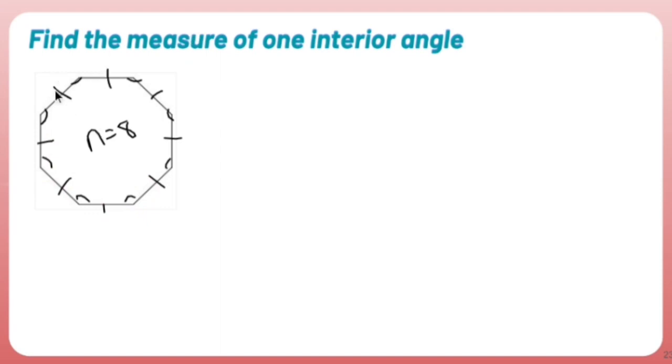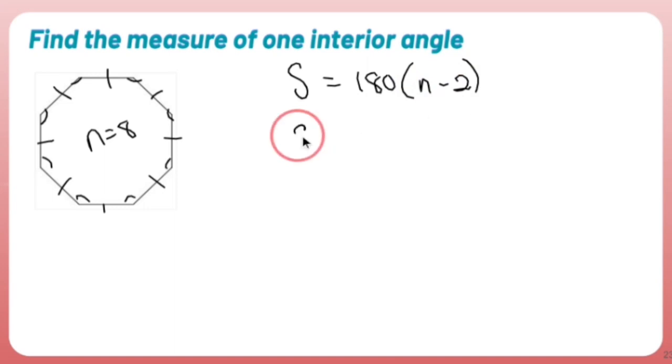In order to find one of the angle measures, I have to find the angle sum of this whole thing, which requires us to use the interior angle sum formula, that guy right there. 180 times (the number of sides minus 2). So S is going to equal 180 times (8 total sides minus 2).